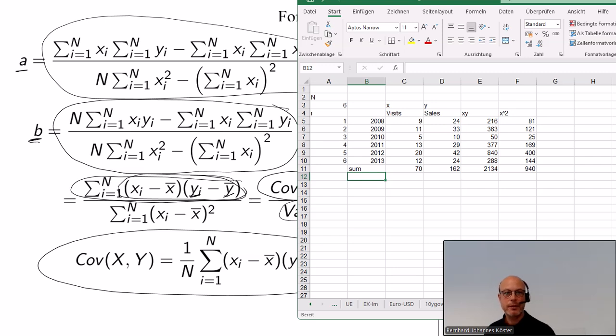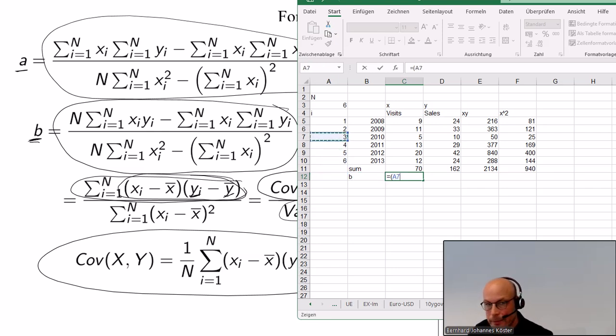Then we just have to apply our formula. So B is equal to n, this is our 6, times the sum of the products, this would be 2134, minus the sum of x, which is 70, times the sum of y, 162, first multiplied and then divided overall by n, 6.